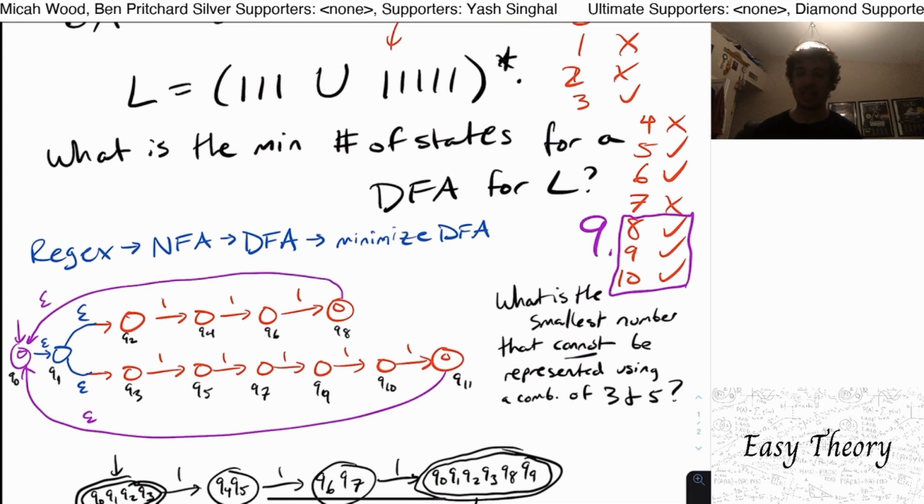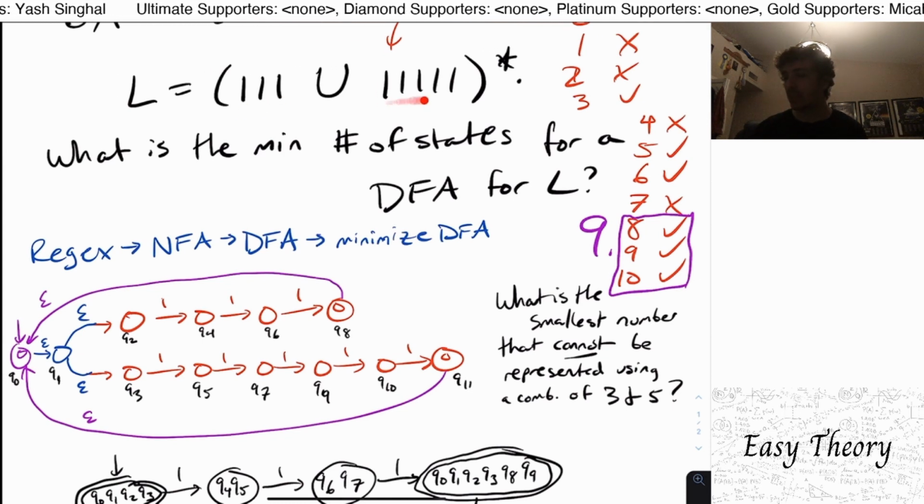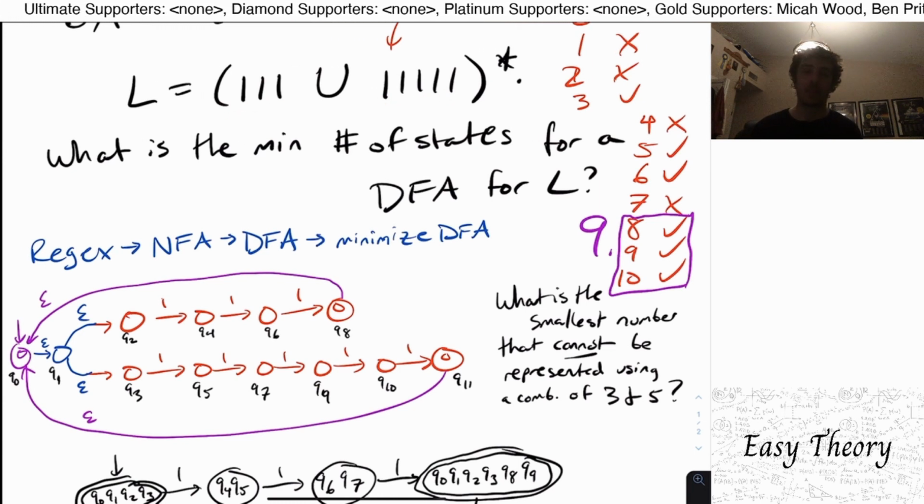And we can ask the same question about maybe 4 and 7, or 2 and 11, or something. The great thing is that this number is always finite. You may think, okay, what is the largest possible number I can't represent here? Well, the answer is it's always finite.